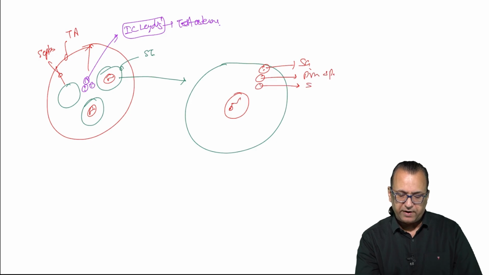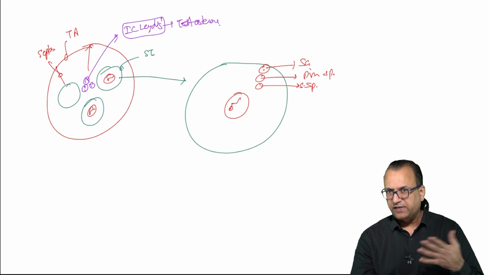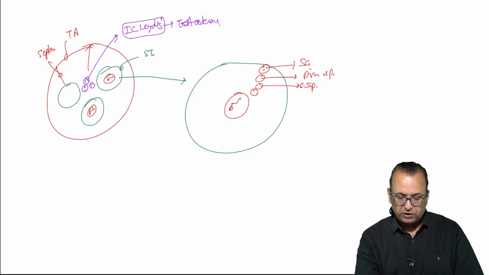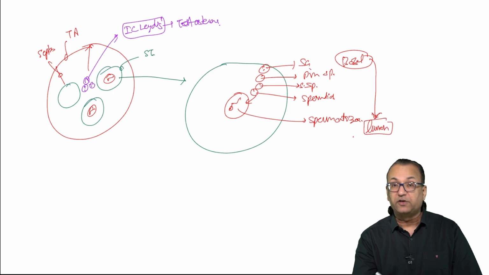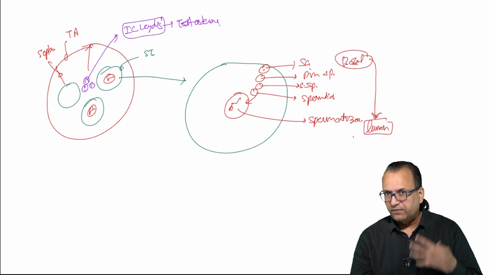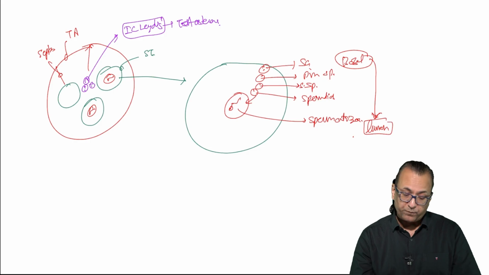Secondary spermatocyte may or may not be seen, because it is transient and quickly changes into the spermatid, and spermatid will then change into spermatozoa. This is the spermatozoa. So that is the sequence from basal to the luminal side, because whatever we are teaching, these are all MCQs that have already appeared and have a tendency to appear again and again.